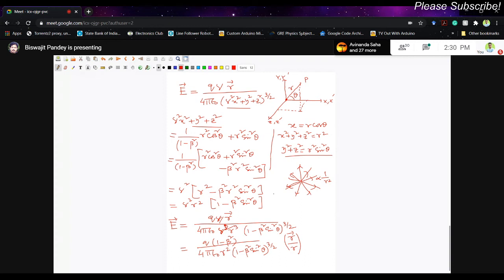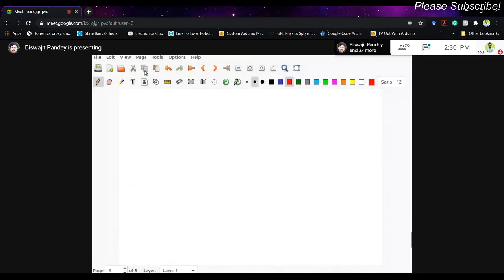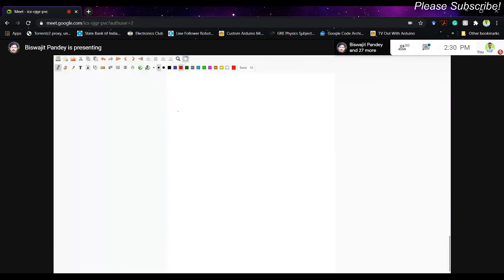Okay, let us simplify this a bit further to get some idea about the nature of the electric field that we have now. Let us take some extreme cases. For example, case 1: theta equal to 0.